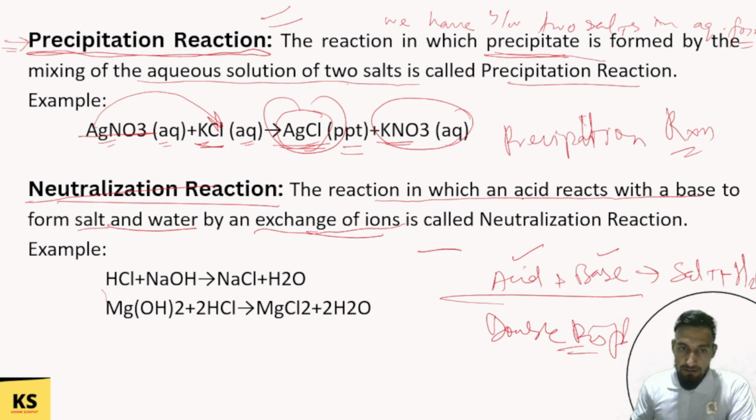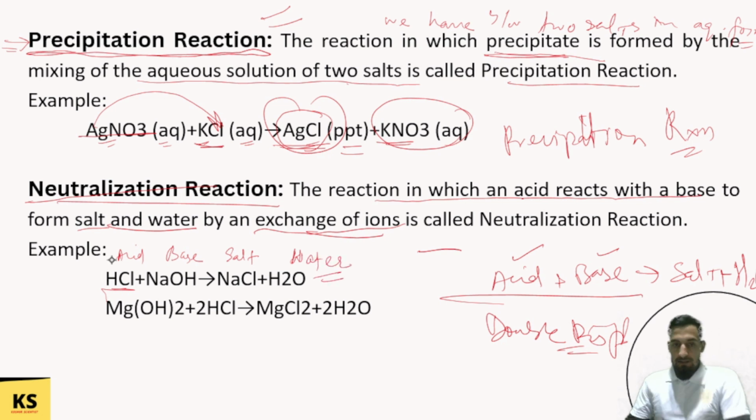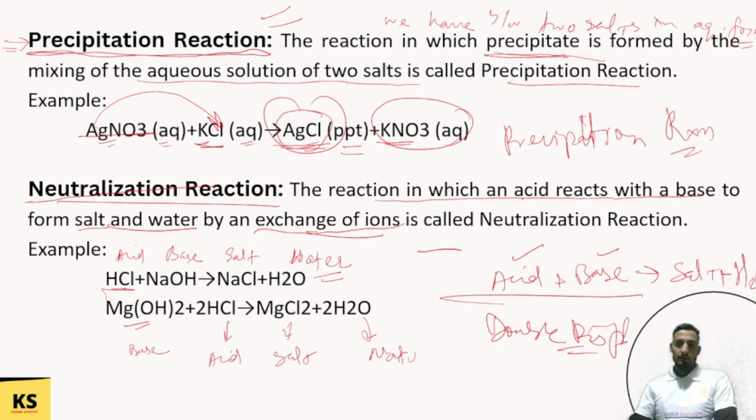For example, HCl, hydrochloric acid, this is an acid, and sodium hydroxide, this is a base, give us NaCl, that is a salt, and water. This type of reaction is called a neutralization reaction. Similarly, magnesium hydroxide, that is a base, and HCl, that is an acid, give MgCl2, that is salt, and water.